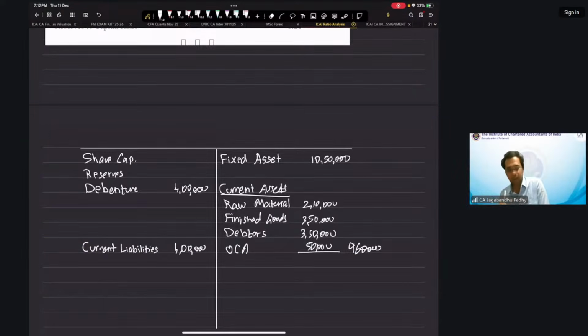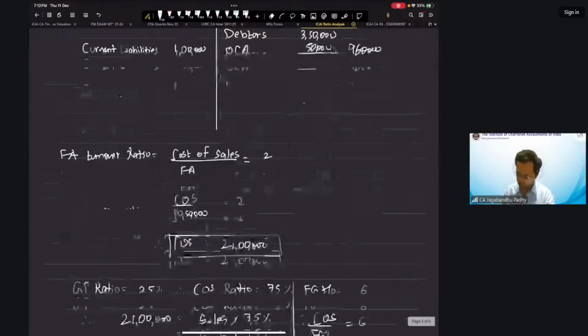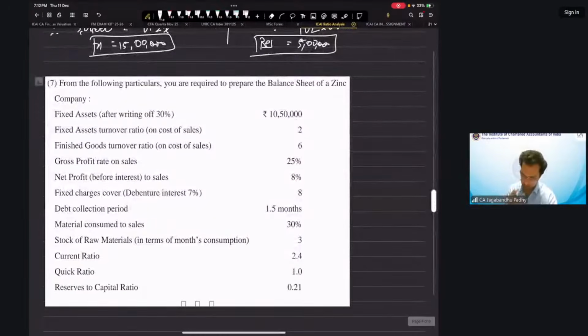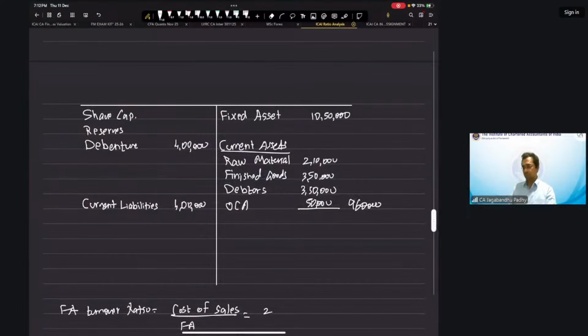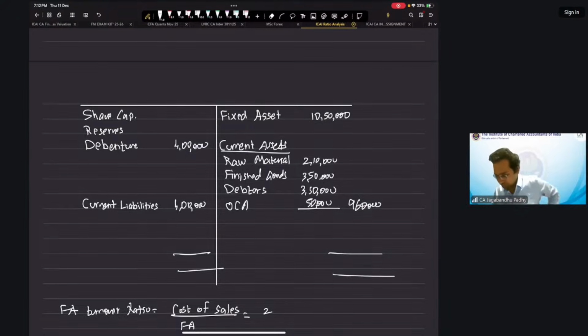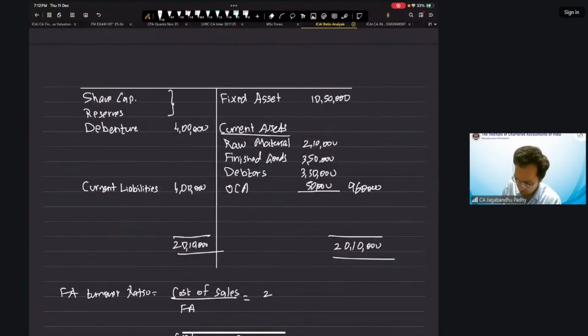Then the share capital and the reserves. Coming to the share capital and reserves, we have the ratio of reserve to capital of 0.21. We know the balance sheet should tally at 20,10,000, right? So we know the total of these two should be 12,10,000.